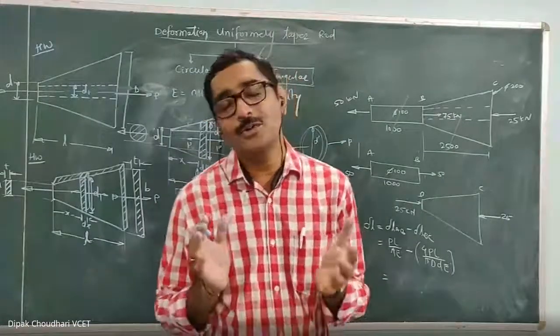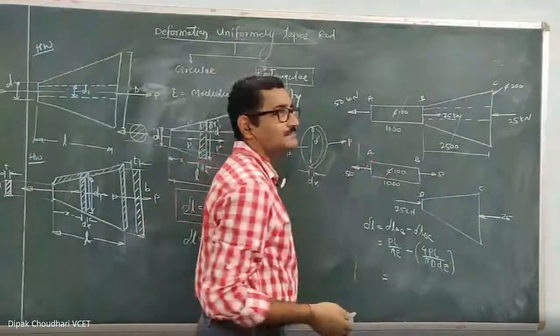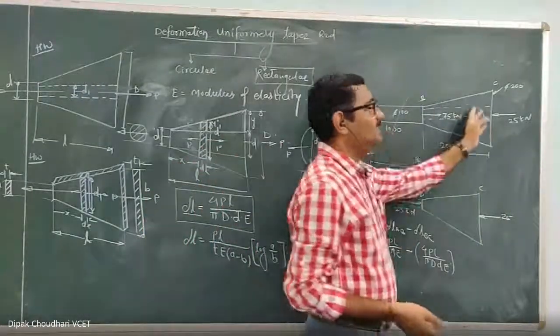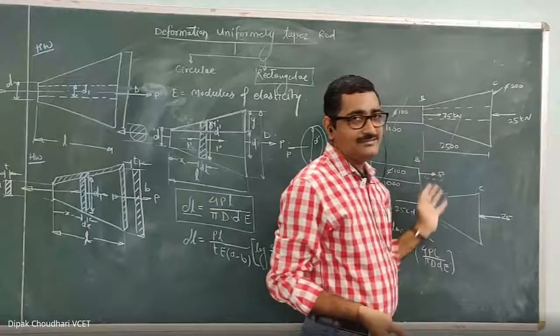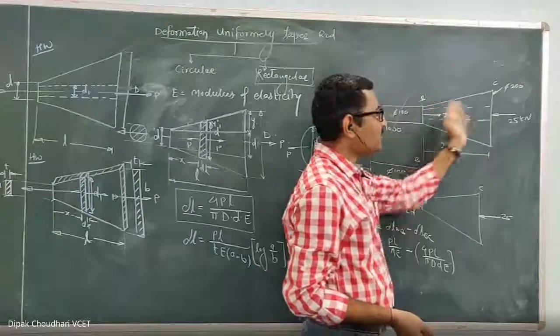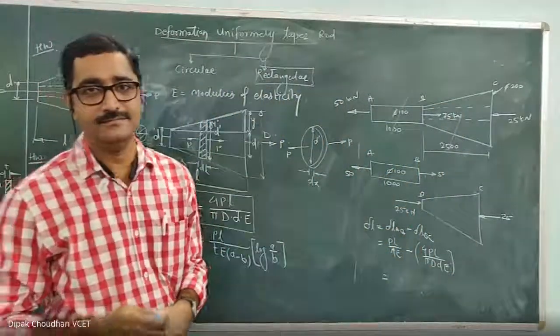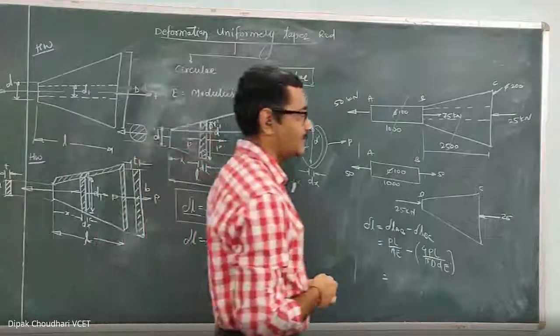Now remember, when the beam is horizontal, the self weight acts downward, and there won't be any effect of the self weight on axial forces.